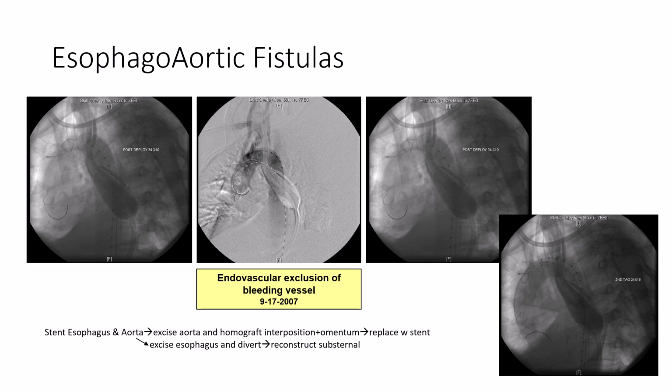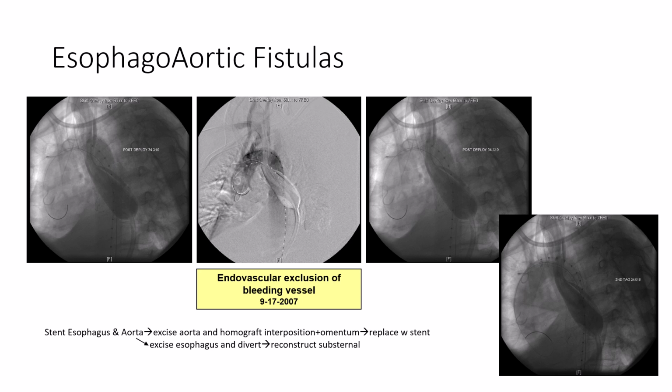You can see that the aorta could be excised as one option with a homograft interposition and omentum covering that can, after a period of healing, be replaced with stenting, or excise the esophagus and divert and then reconstruct the esophagus at a later time with a substernal conduit and put in a rifampin-soaked gauze, a rifampin-soaked graft.